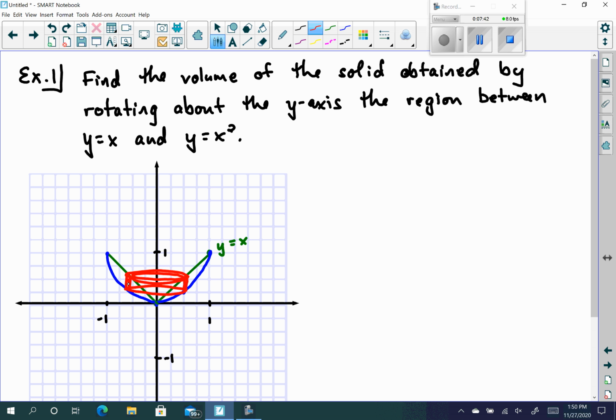I'm not going to draw too much, but that's where the shell would go around. So what we're going to have to do is figure out what f of x is going to equal here, or the height rather.